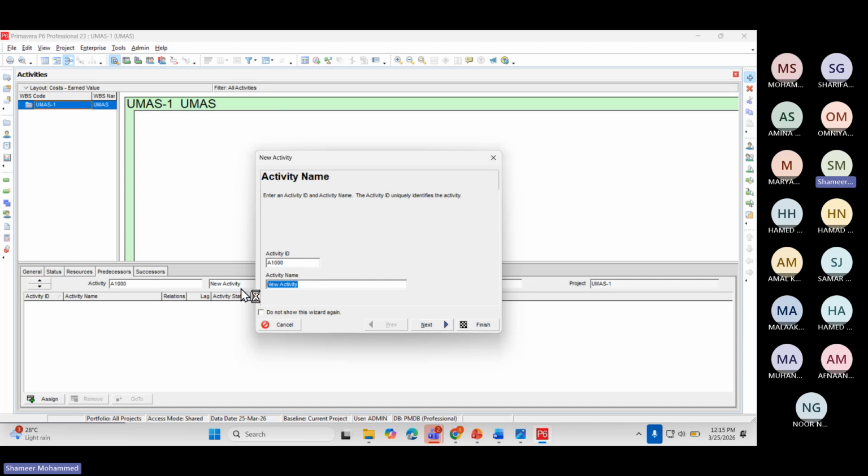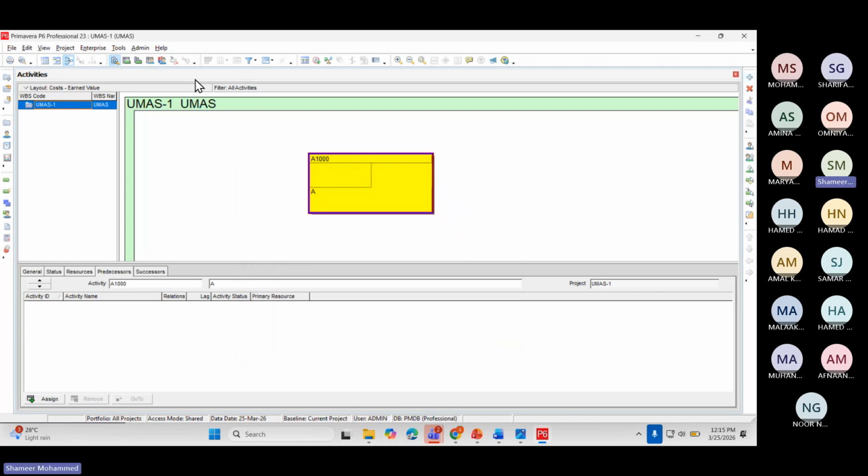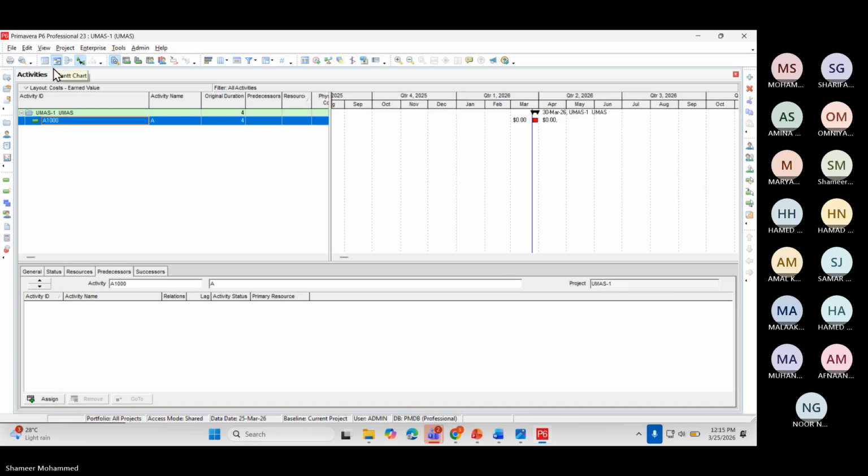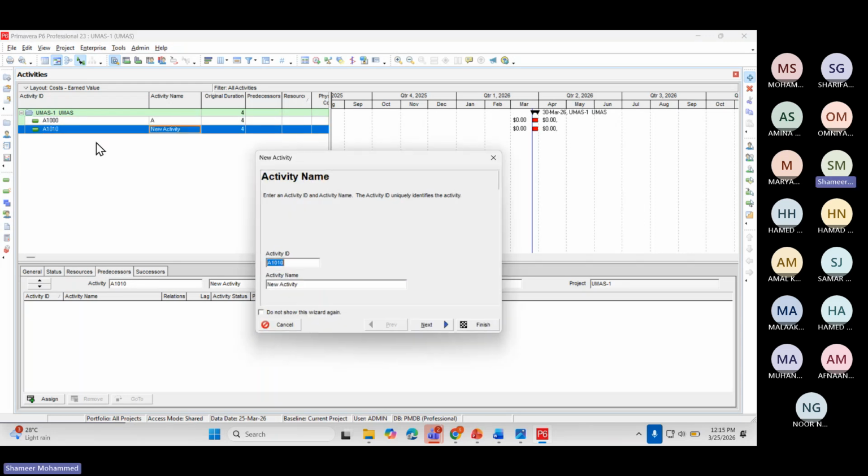Activity first name is A. This is like a table. Okay, activity A. Another one I will add, activity B. Right.